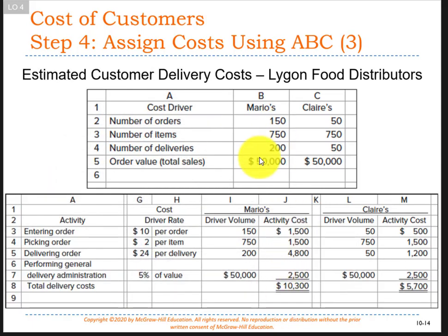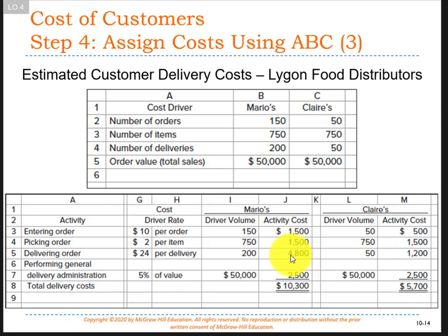So when we do that and we multiply by that earlier cost driver rate, we get our activity cost for entering orders for Mario's. Picking orders, notice that the cost for picking orders is the same, right? Because they have the same number of items.